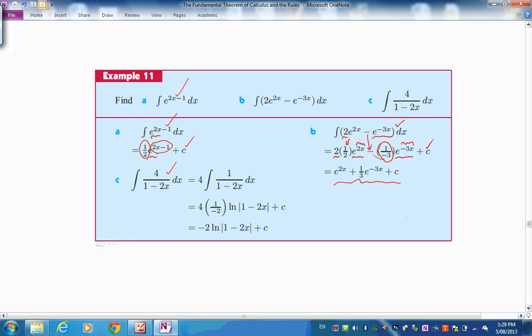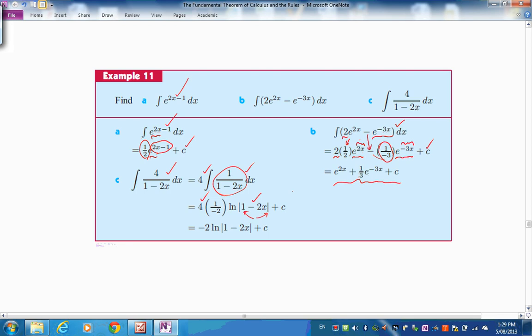Integral of 4 over 1 take 2x. You put the 4 out the front, saying it's 4 lots of the integral. You're not actually integrating the constant, you're saying it's 4 lots of the function. So it's 4 lots of the function's integral. That's 4 lots of 1 over. That's ln, but you must ensure that it's going to be loggable, if you like, so you put the absolute value.